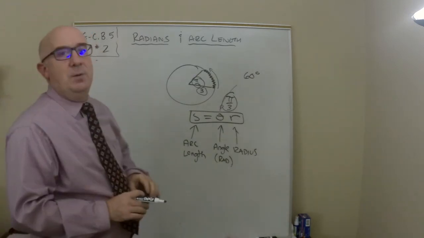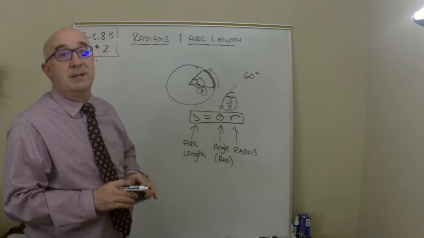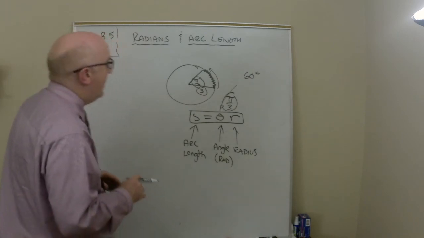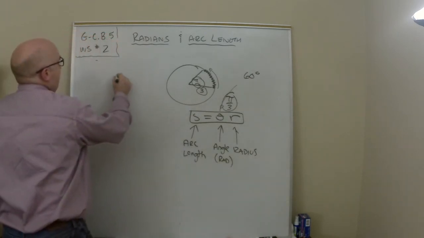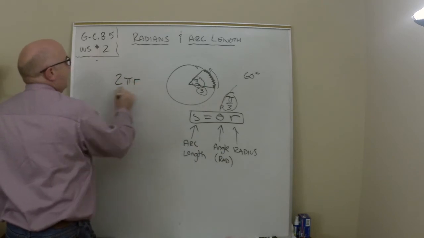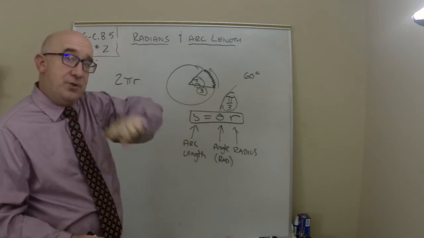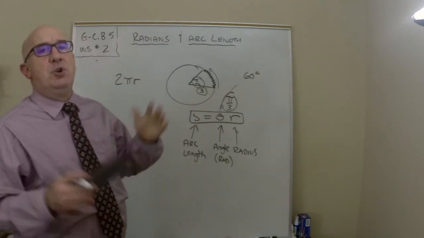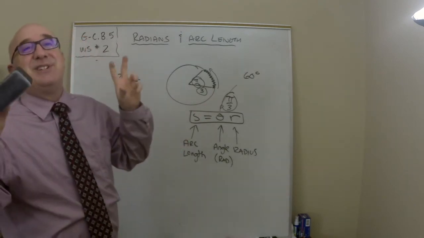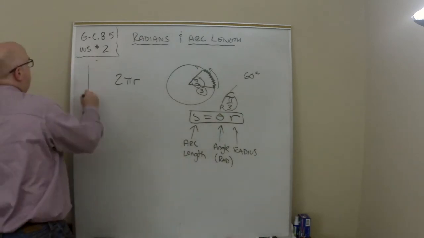Let me give you an idea why this is such a nice little concise formula. Normally, if you're asked about the arc length, you're thinking about 2 pi r, because that's the arc length of one full circle. Now, if you don't go the whole way around, you go a percentage of the way.